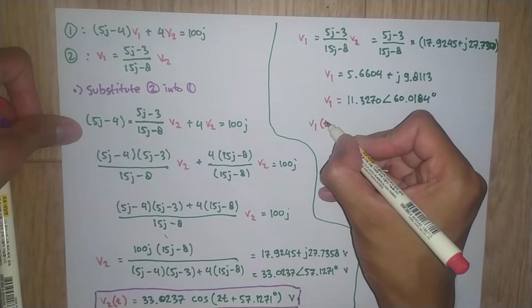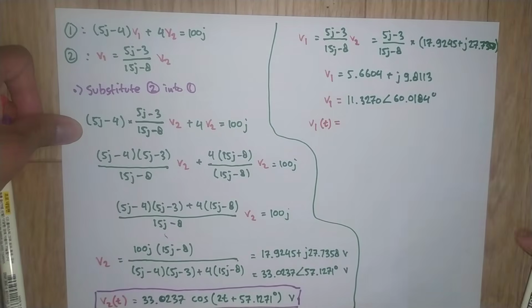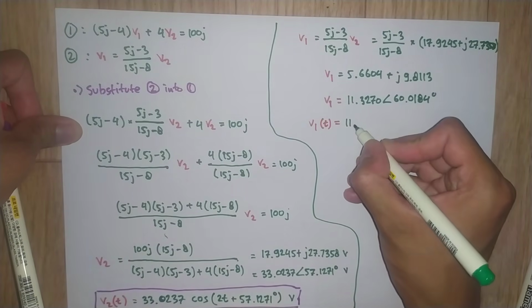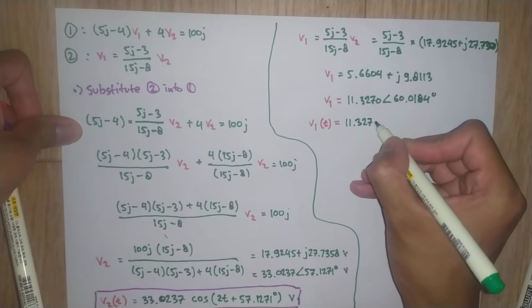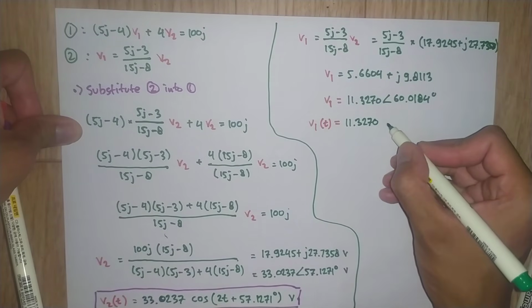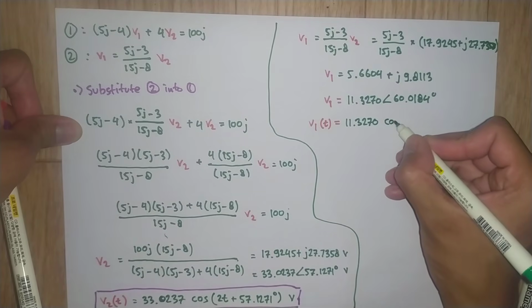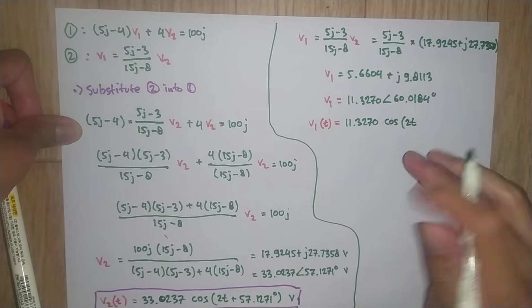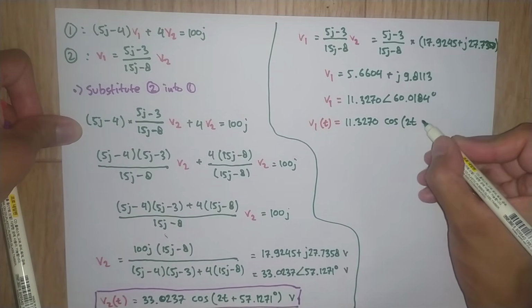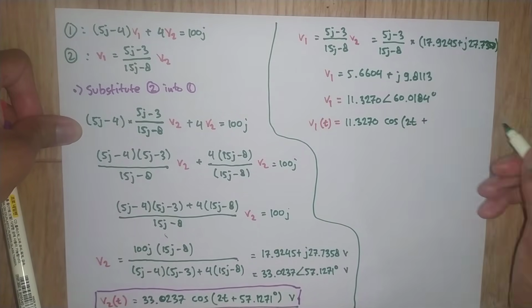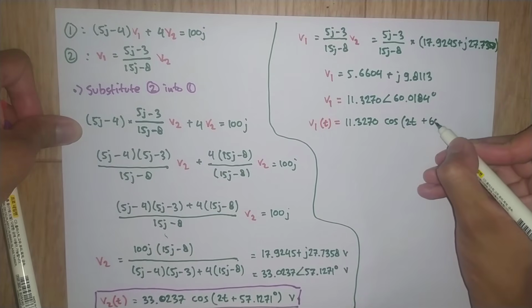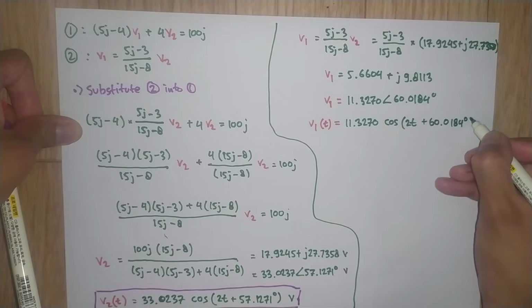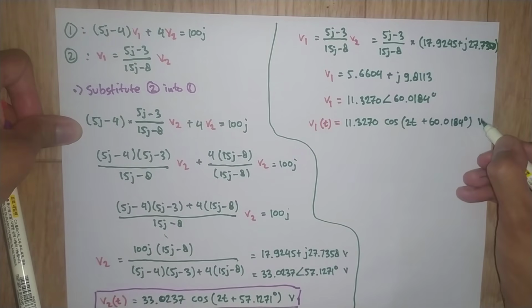So V1(t) will equal to, this is the amplitude, 11.3270, and then cosine like before, and then 2t because the omega is 2, and then plus the angle, which is 60.0184 degrees, and the unit is volt.